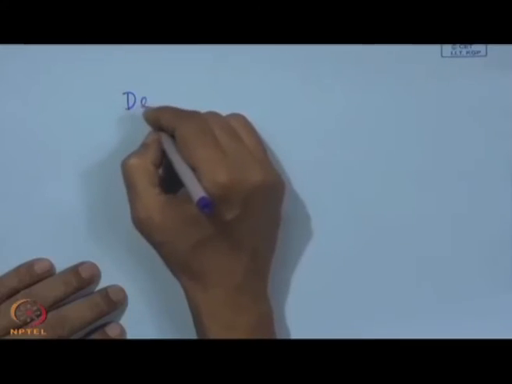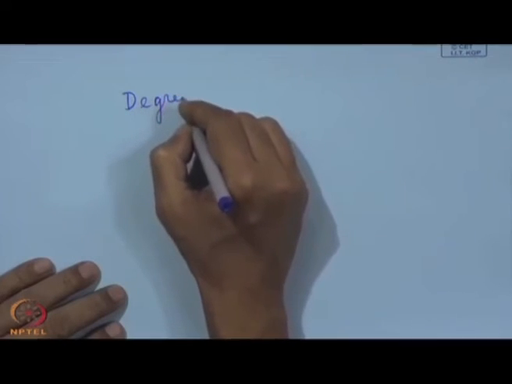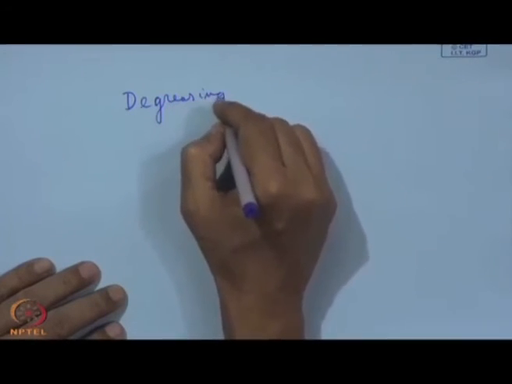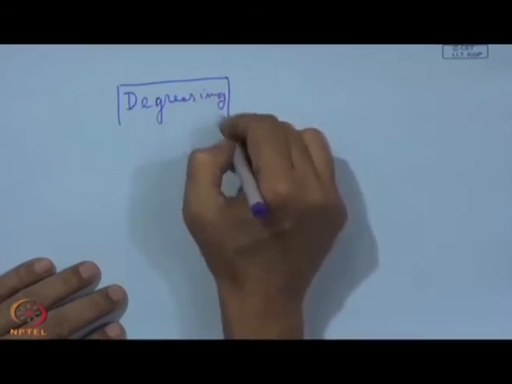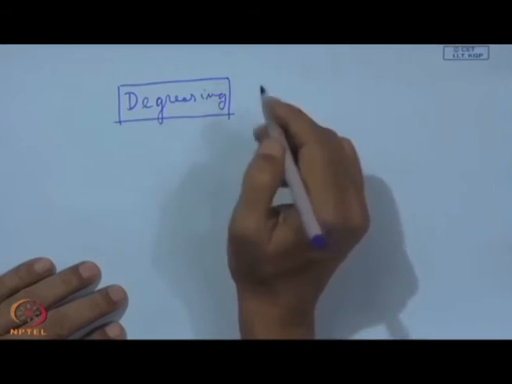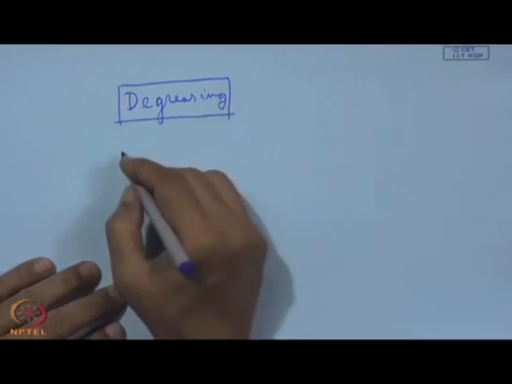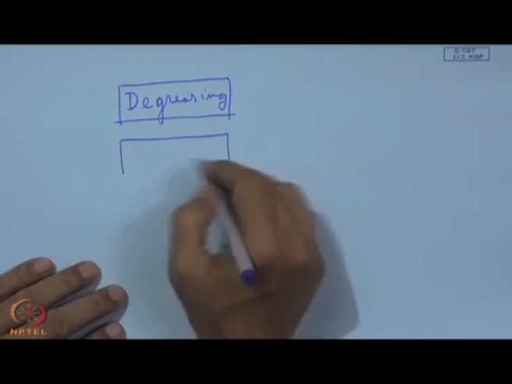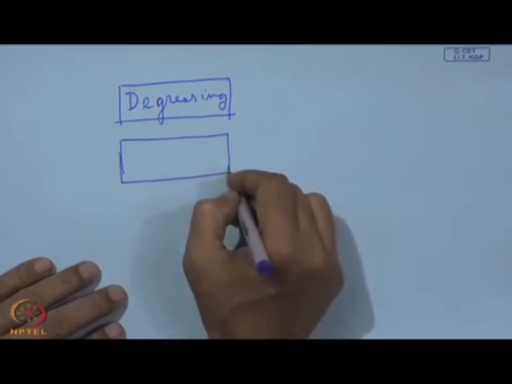So, the substrate surface needs degreasing. By alkaline solution we must degrease the surface, then it should be treated with some acid.